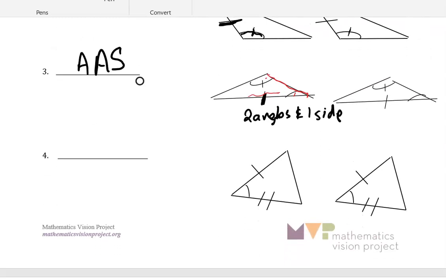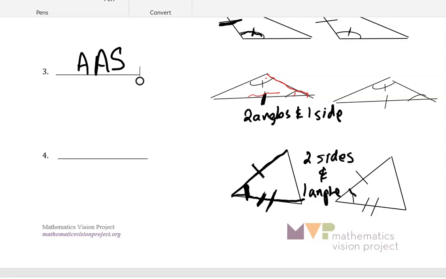Fourth way, what we're given now is 2 sides and one angle. And if we now look at how those appear in terms of order, here's side 1, and then here is side 2. This is the angle that is in between the 2 congruent sides.